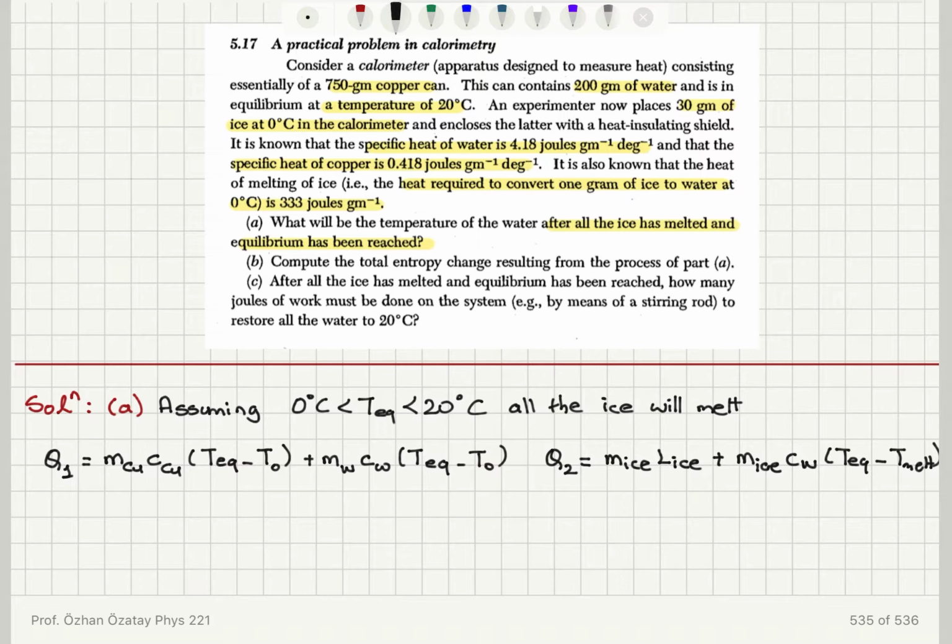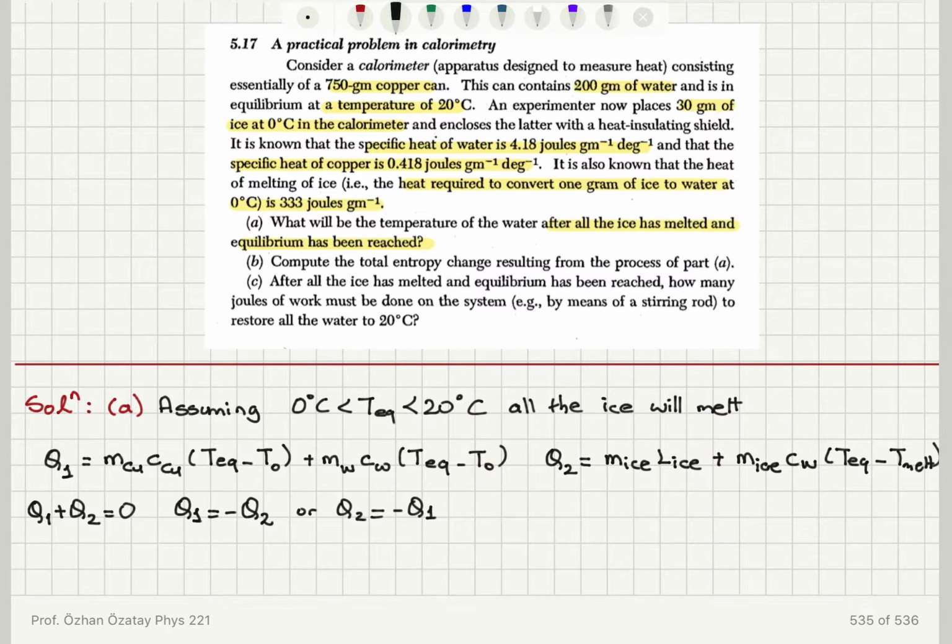So these two will be the heat absorbed by the two systems, and the total heat absorbed, Q1 plus Q2, will be 0. Heat absorbed by system 1 will be equal to the heat released by system 2, or vice versa. Heat absorbed by system 2 is heat released by system 1. So if we write this total to be equal to 0, let's substitute the numbers here.